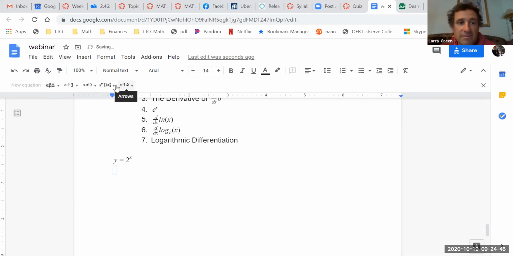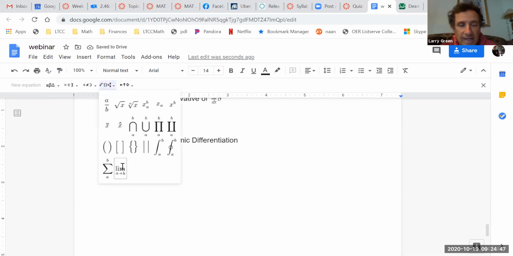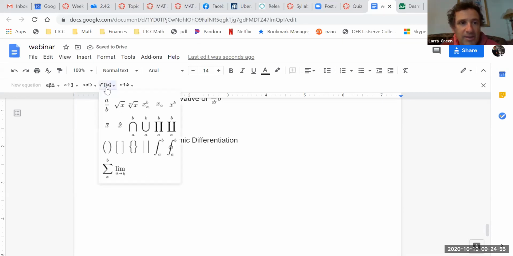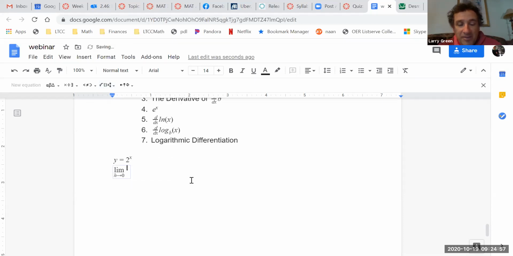But we can use the definition. I could take the limit as h approaches 0 of, and now you've got to remember, it's f of x plus h. So it's 2 to the x plus h, minus 2 to the x, all over h.